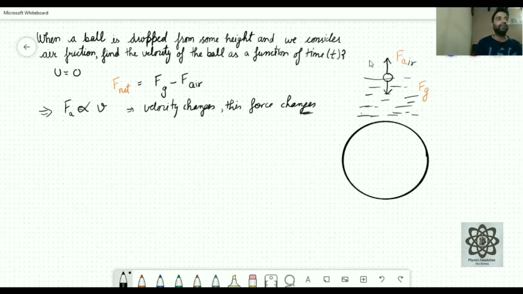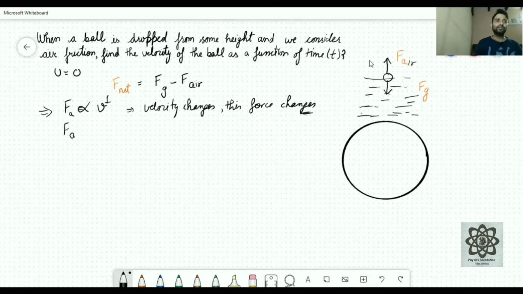It can be V to the power 2, or 1 upon V to the power minus 2, it can be anything, right? But in general cases, when the velocity increases, the force of friction increases on it, right? It can be 2, it can be 3, it depends on the medium actually. But as we are taking it as air, generally it is V to the power 1, right? That is why we are saying friction is directly proportional to V, right?